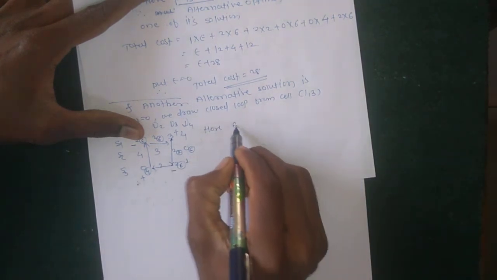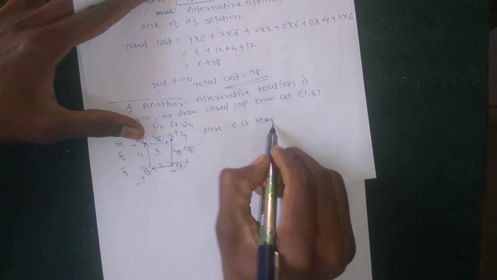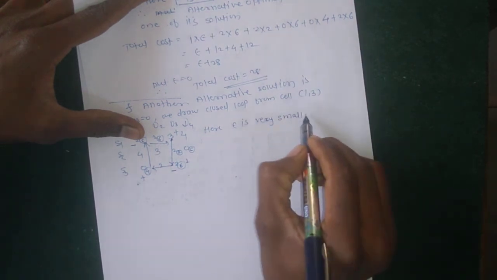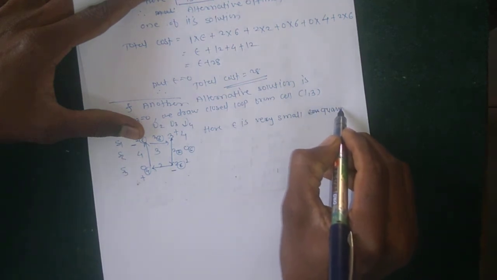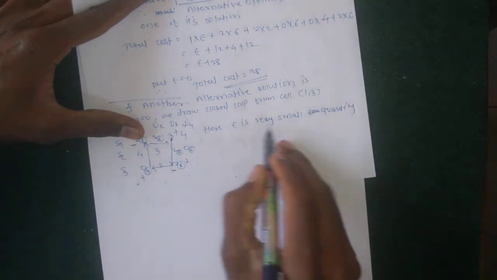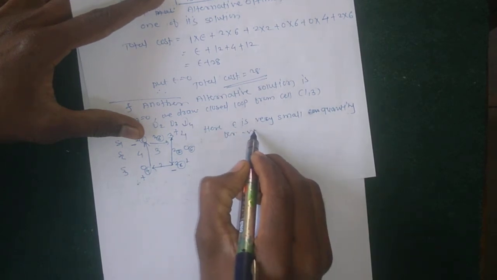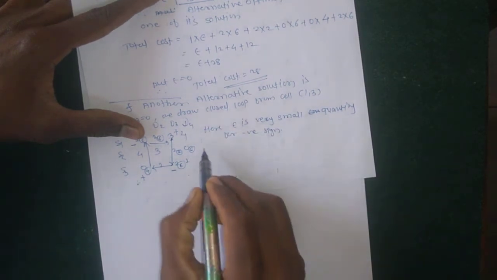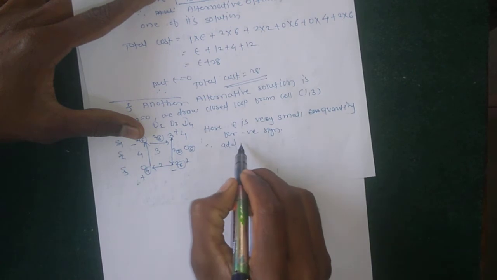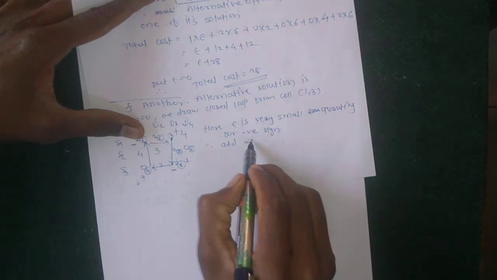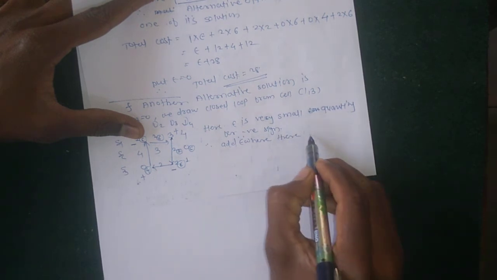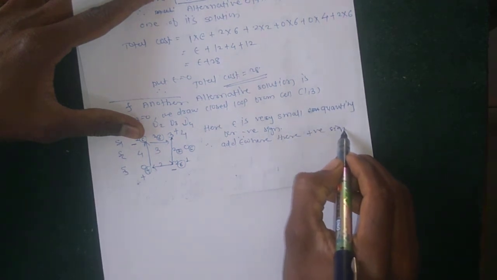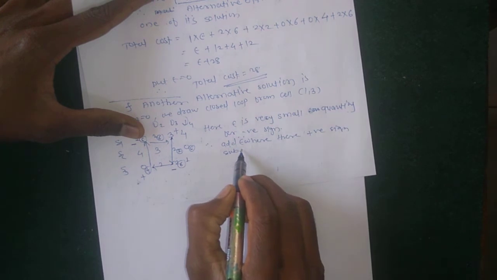Epsilon is a very small quantity for the negative sign. Therefore add epsilon where the sign is positive, and subtract epsilon where the sign is negative.